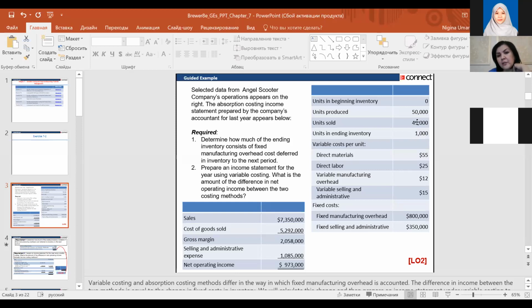Just looking at the inventory, beginning and ending. What do you think? Absorption costing, I guess. Yes. Oh, on the absorption, net operating income will be higher or lower? Will be lower. On the absorption, Salma.